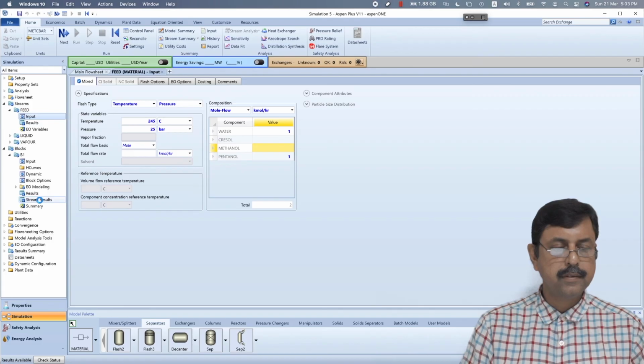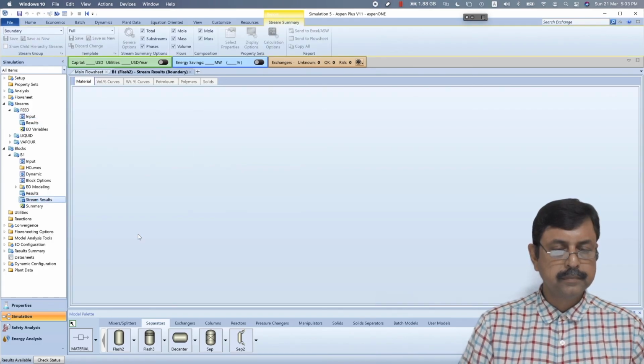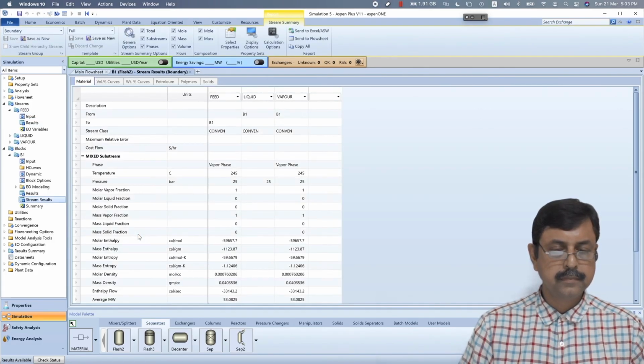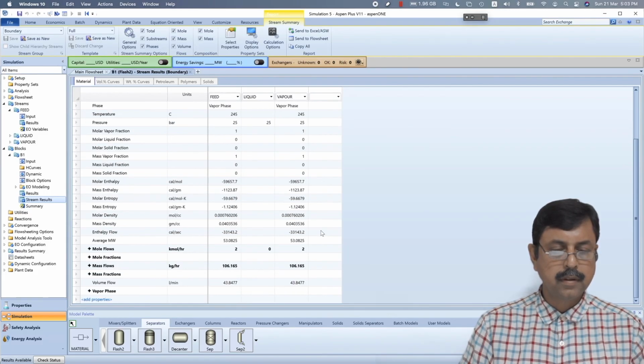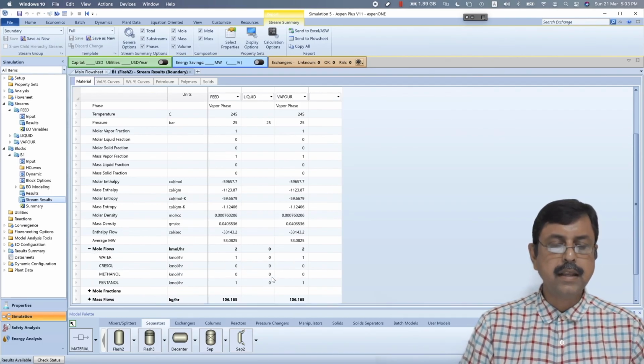See the results. And we find in the molar flow, we don't find anything in the liquid.